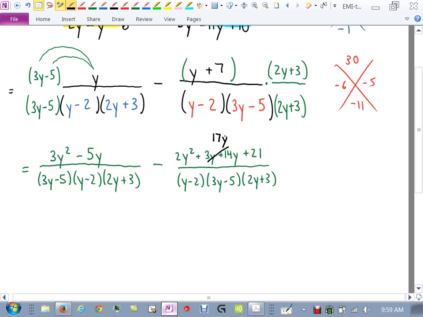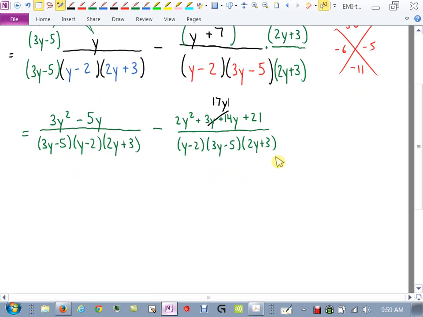All right, now am I allowed to put these two fractions together? Yes, but I have a subtraction sign. So because I have a subtraction sign, it means I want to subtract everything over here, which means it changes the signs of everything over there, right? Now I'm going to do this kind of slow.